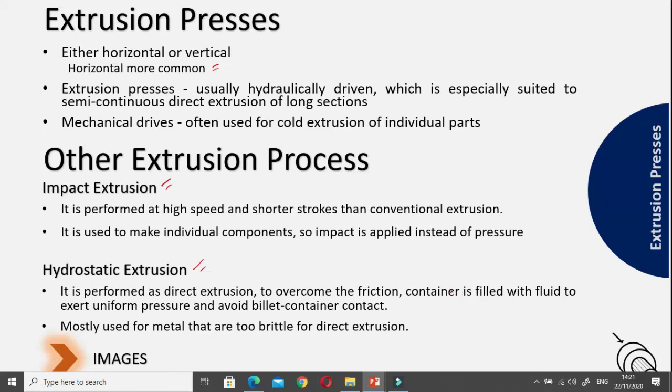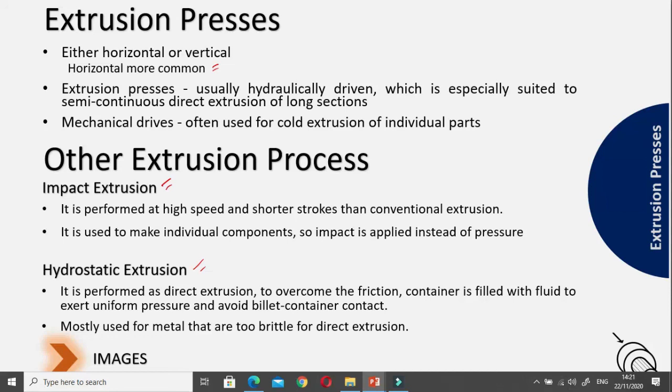How do we do that? We fill the container with fluid and exert a uniform pressure. Where do we use hydrostatic extrusion? It is mostly used for metals that are too brittle for direct extrusion. That means if there is friction between the container and the billet surface, there is a chance that they will fracture.